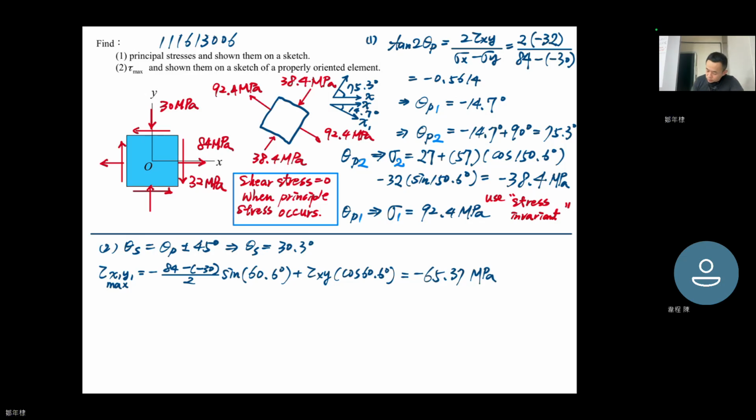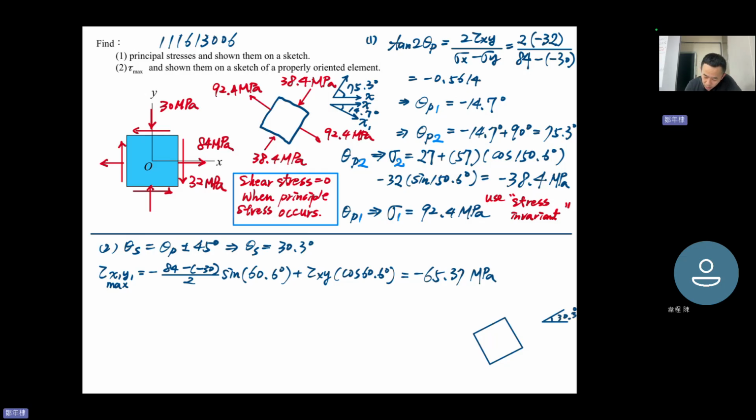So we can draw a stress element, and we know that this orientation is 30.3 degree.